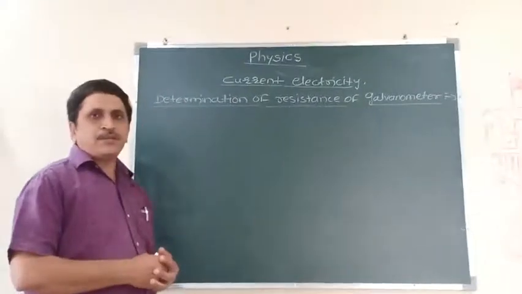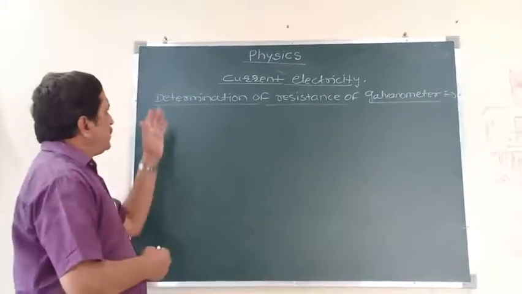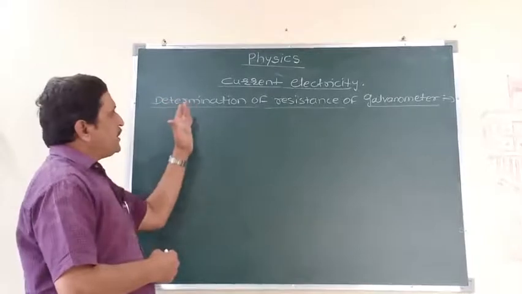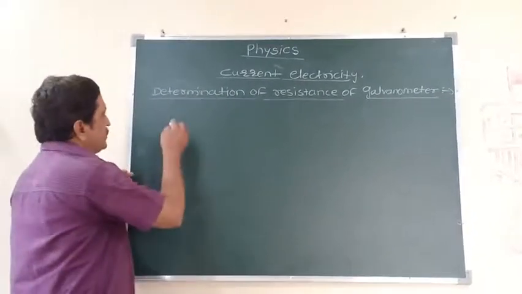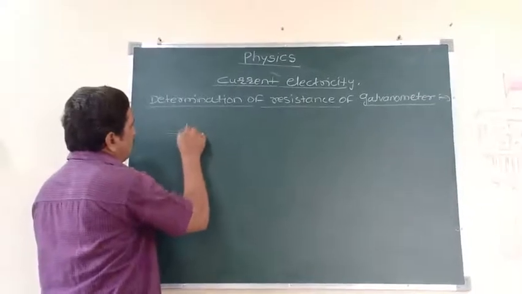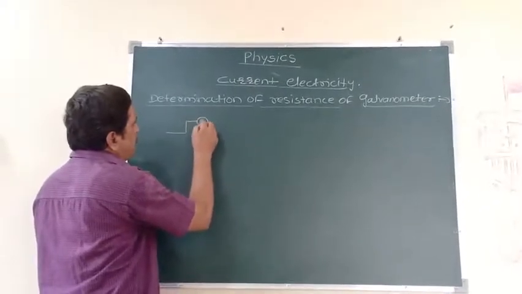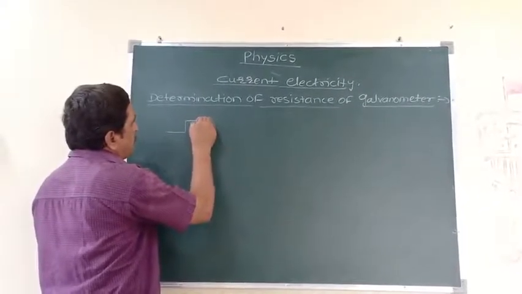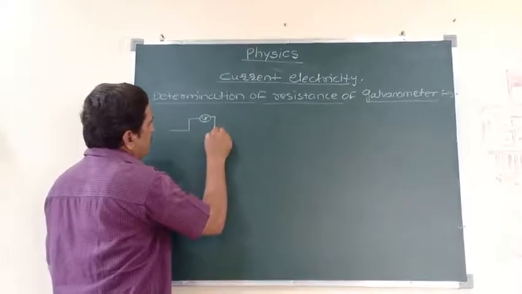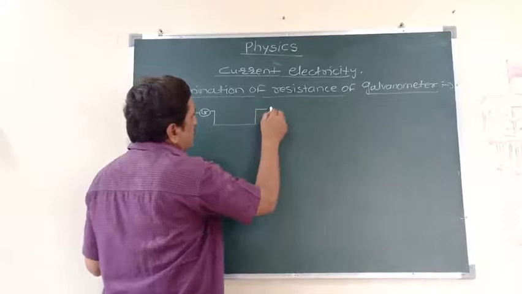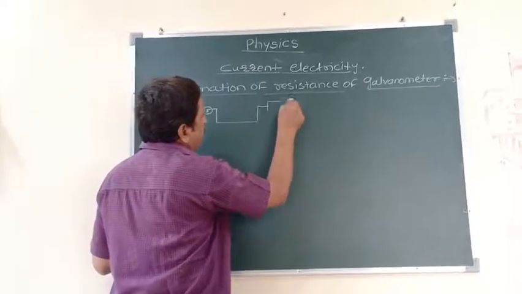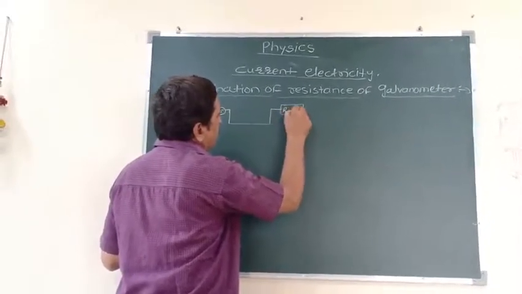Now the second application of meter gauge is that by using meter gauge we can determine the resistance of a galvanometer. For that, again we have to draw this circuit diagram. In the left gap of the meter gauge, the galvanometer is connected. In the right gap of the meter gauge, a resistance box is connected.